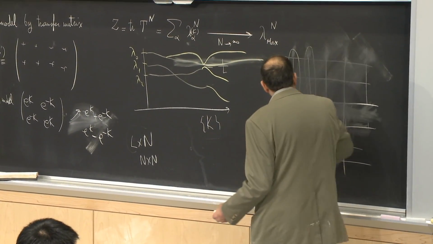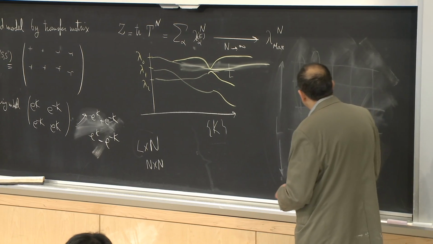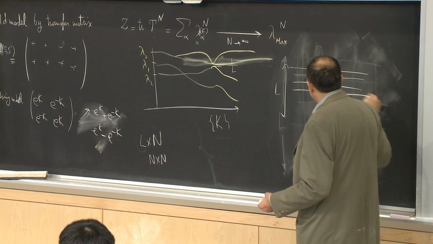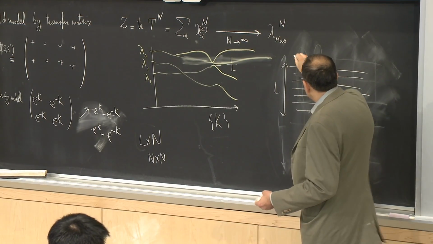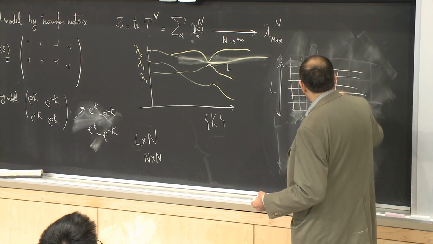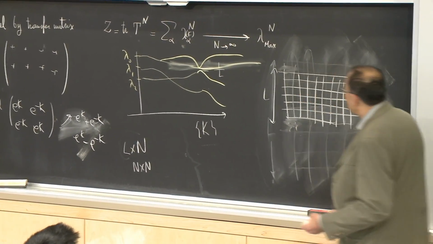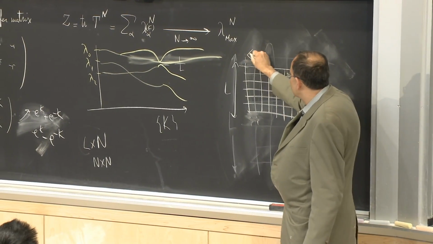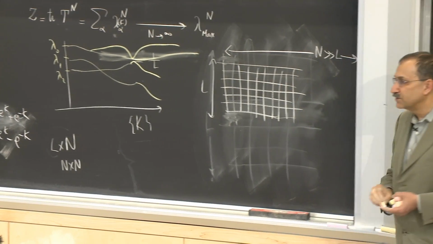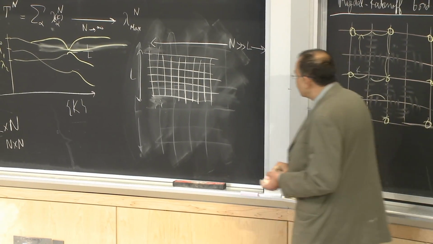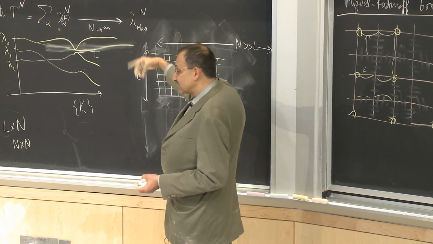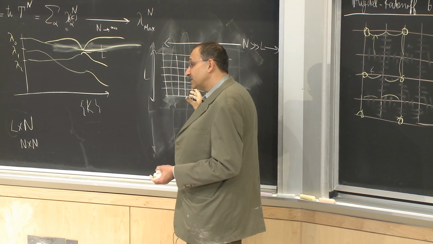Okay. Again, very roughly, one can also develop a physical picture of what's going on. So let's imagine that you have a system that is a very large number but finite in one direction, and this other direction can be 2, can be 3, whatever. You have a finite size, but in this other direction, you basically can go as large as you like. Now, presumably this two-dimensional model has a phase transition if it was infinite by infinite.